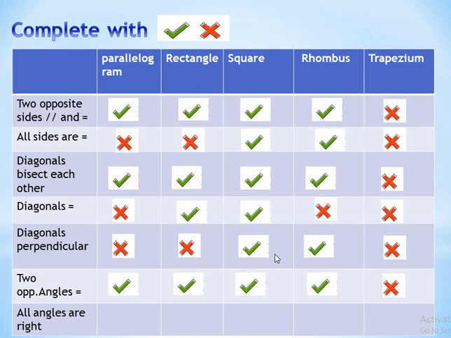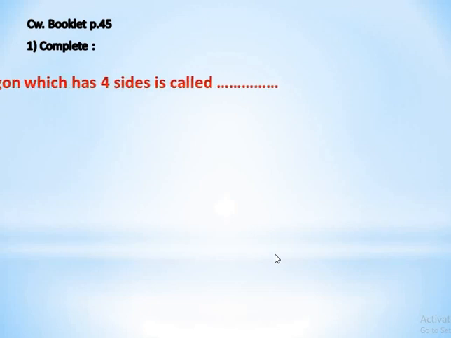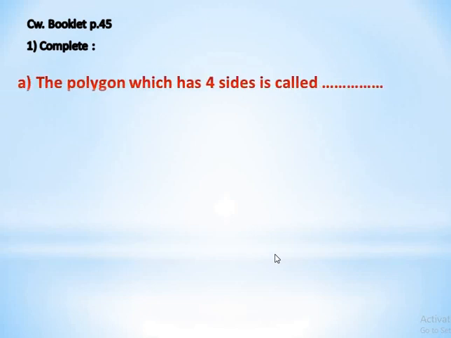All angles are right. We know that only two shapes have right angles, square and rectangle, and the others not. Okay, let's see Classwork booklet page 45. First, complete. The polygon which has four sides is called, we know that the name is quadrilaterals.